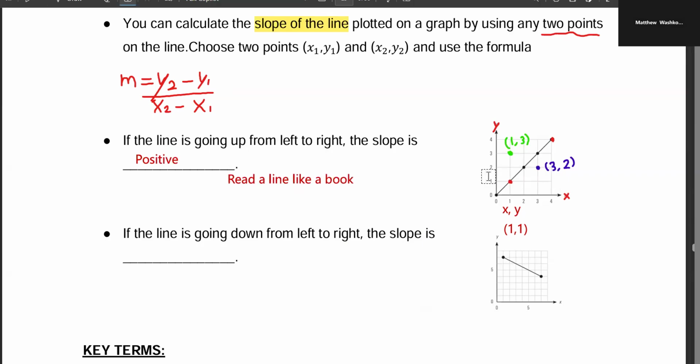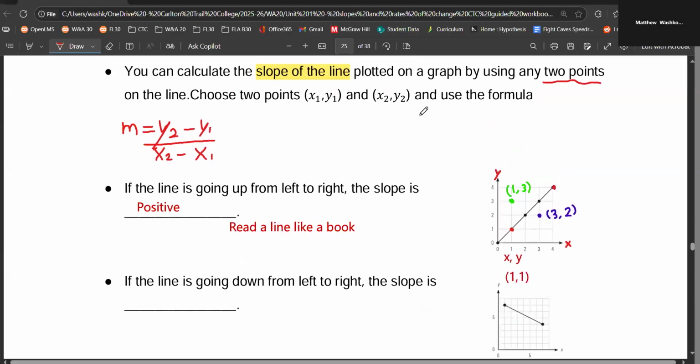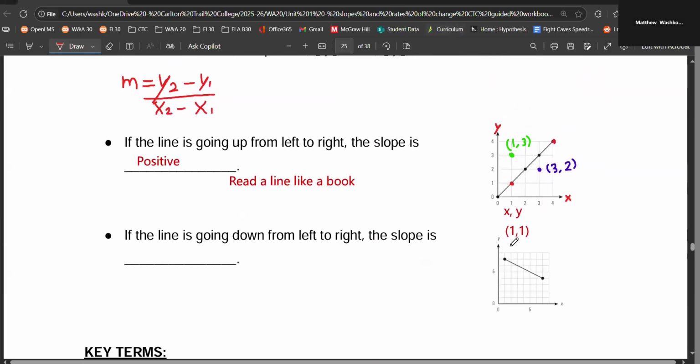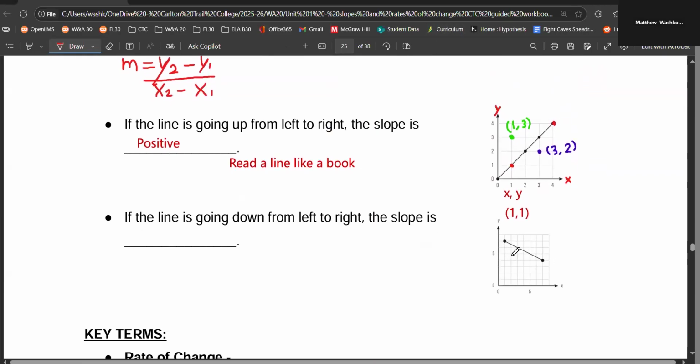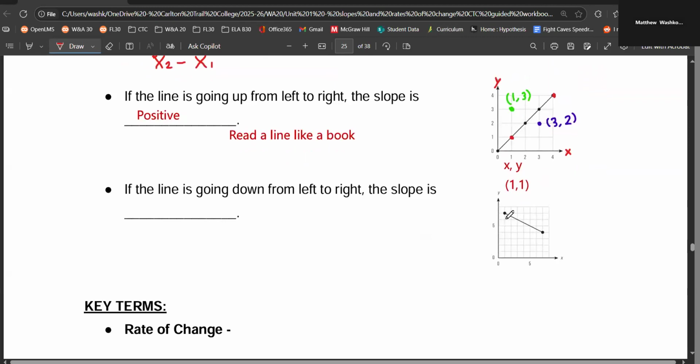I read a line from left to right. Now, if I look at this line over here, I can see as I go from left to right, this line goes down. So this line is negative. Okay? So that's the difference between positive and negative.